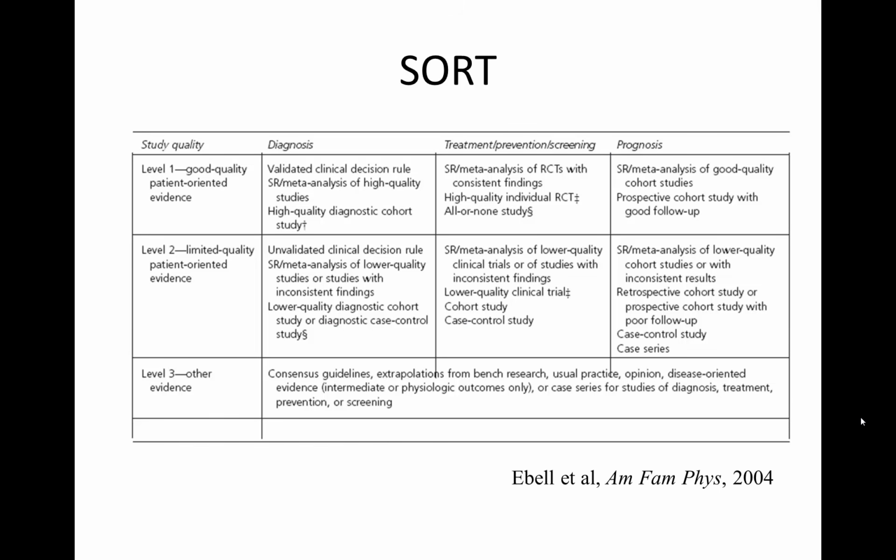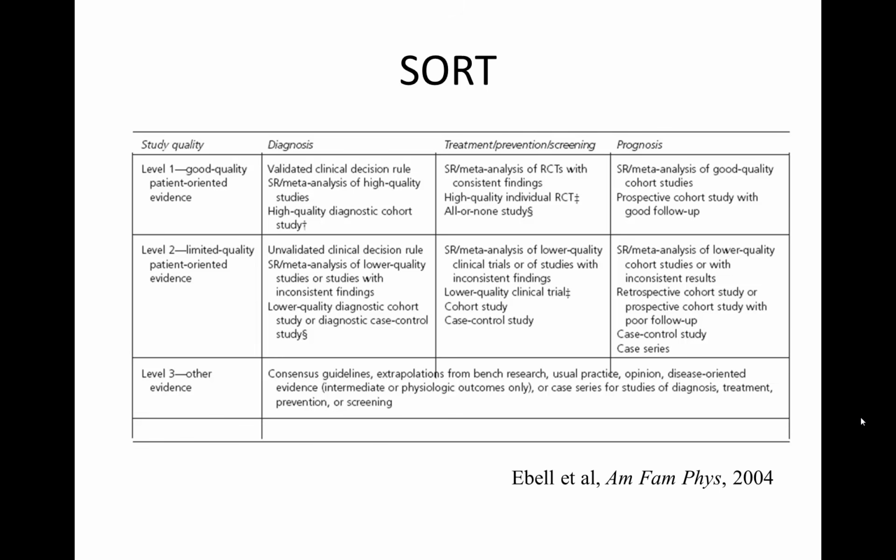Now, this is a much simpler table, and this is the strength of recommendation taxonomy. In this level of evidence taxonomy, there are only 3 levels, and they are identified as good quality, patient-oriented evidence, limited quality, patient-oriented evidence, or other evidence. And depending on the study type, whether it is diagnosis, treatment, prevention, screening, or prognosis, our level 1 is going to primarily consist of systematic reviews and meta-analyses of high-quality studies, or high-quality RCTs or cohort studies.